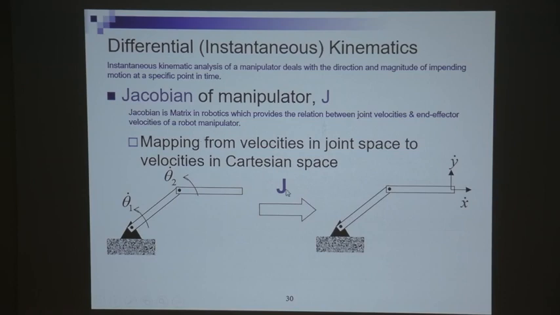The Jacobian matrix provides this relationship. It is a mapping between the velocity in joint space to the velocity in the Cartesian space. The end effector is in the Cartesian space, and the velocities theta 2 dot and theta 1 dot are the velocities in the joint space. In Cartesian space, you have y dot, x dot. This is the Jacobian matrix.